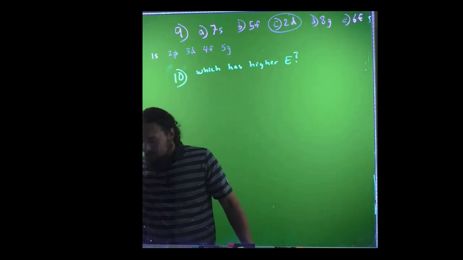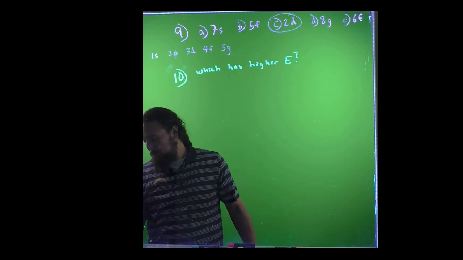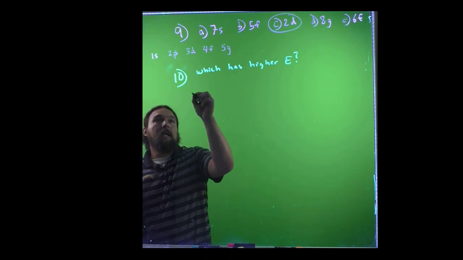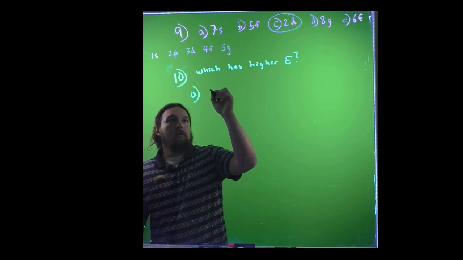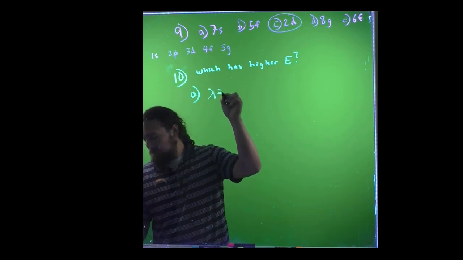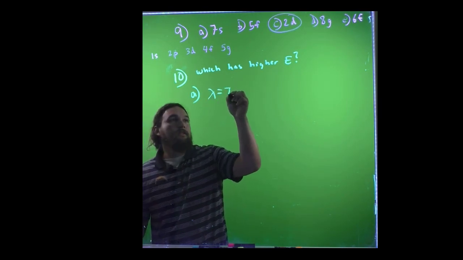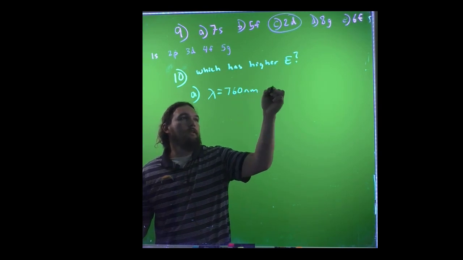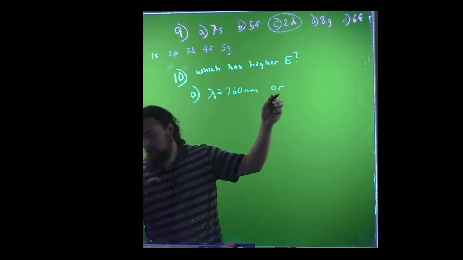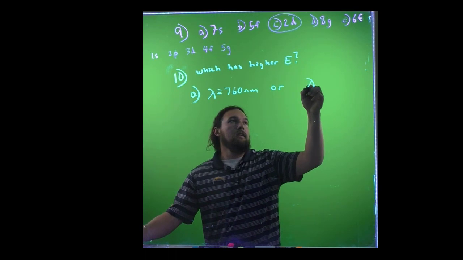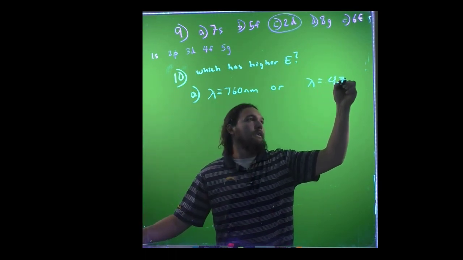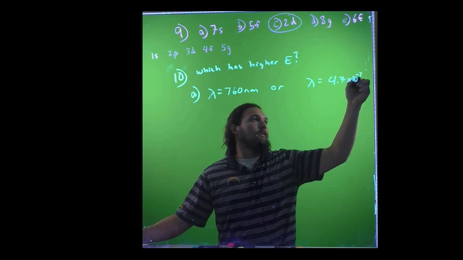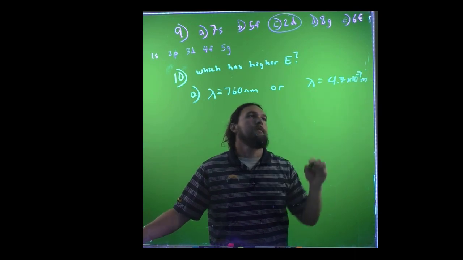So for number 10, which has higher energy? And we look at this, and for A, it says light with a wavelength equal to 760 nanometers, or light with a wavelength equal to 4.7 times 10 to the negative 7th meters. Okay?